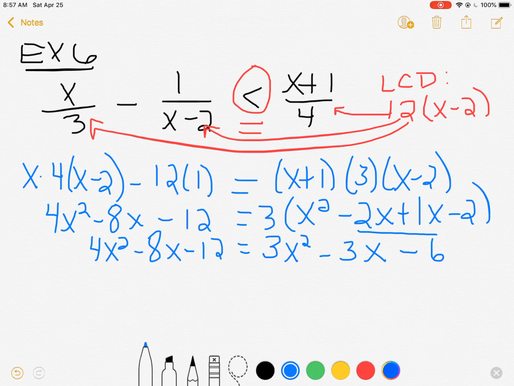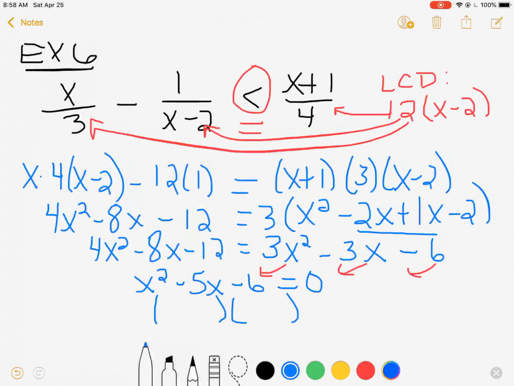Again, a quadratic, so I'm going to move everything over. So move that over, move that over, move that over. And I get 4x squared minus 3x squared is x squared. Minus 8x plus 3x is minus 5x. Minus 12 plus 6 is minus 6, equals 0.